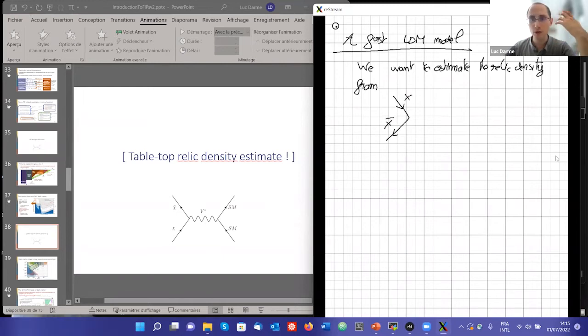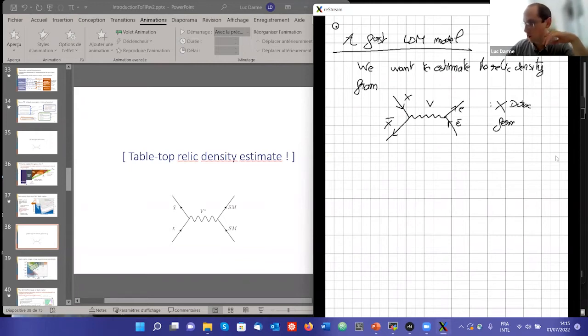So you have, for instance, a Dirac fermion, which in the early universe will annihilate from the exchange of one of those light mediators we've seen before into, for instance, electrons.